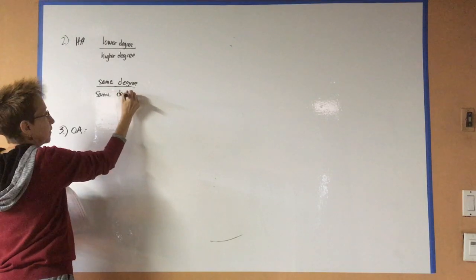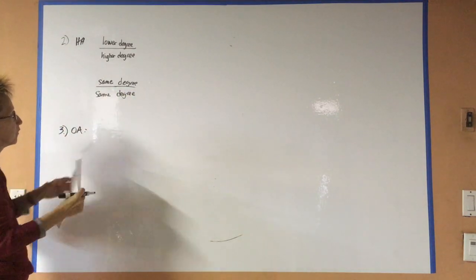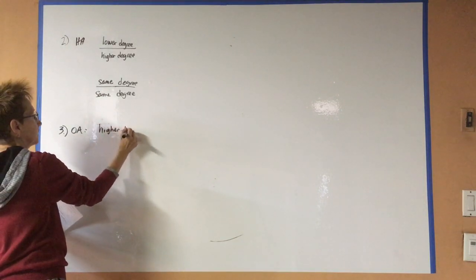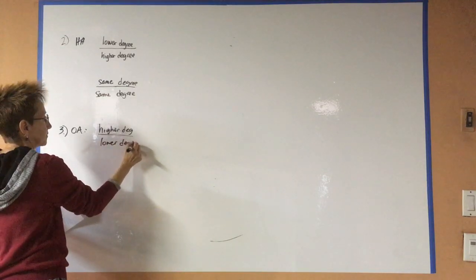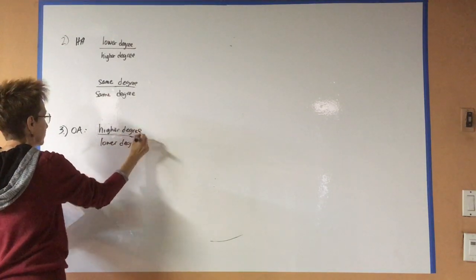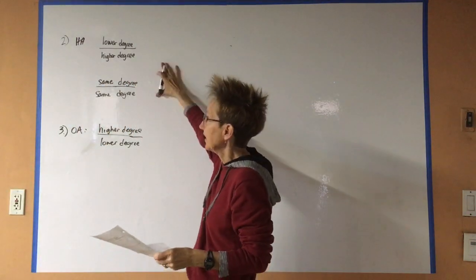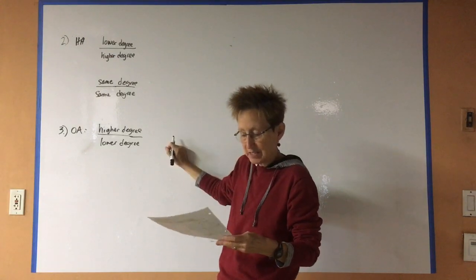And then there's only one other option. It's lower over higher, same over same, or higher over lower, and that's the OA. One of 3 options. Depending upon which one it is will depend upon whether it's an HA or an OA. HAs have 2 spots, OA just has the 1.